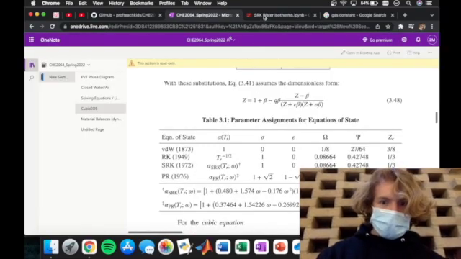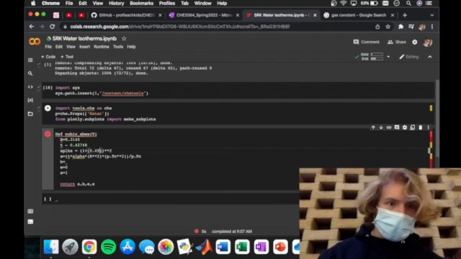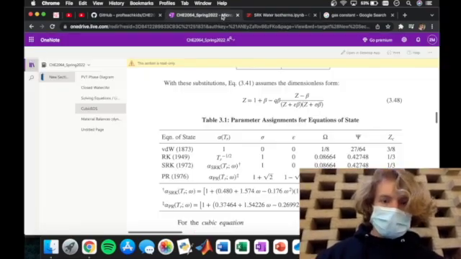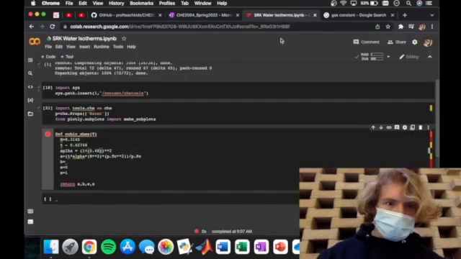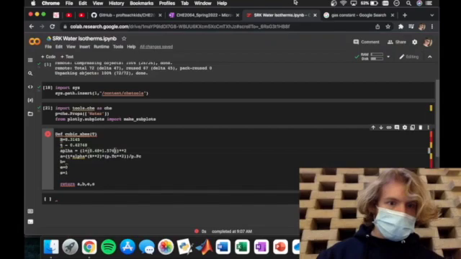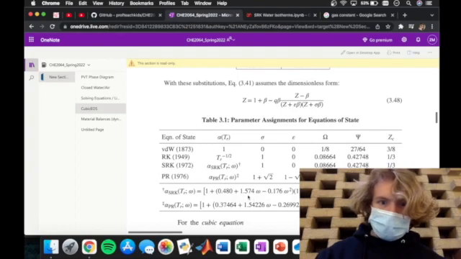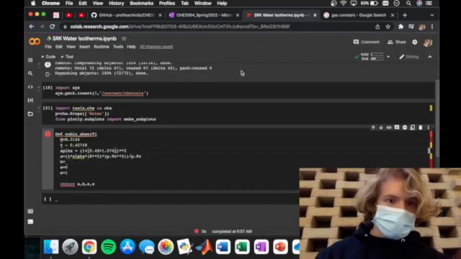So we've got 1 plus parentheses 0.48 plus 1.574. Alright, and then we've got this little W symbol. We'll have to go back through and find out what this W symbol means later. We'll go ahead and just import it as W right now.